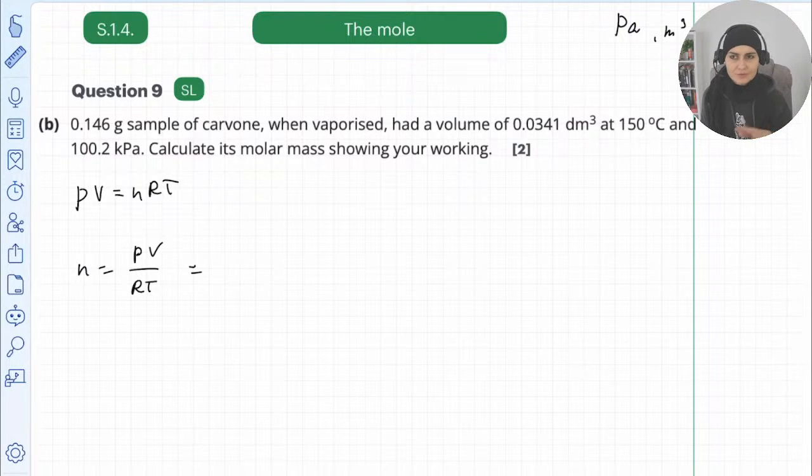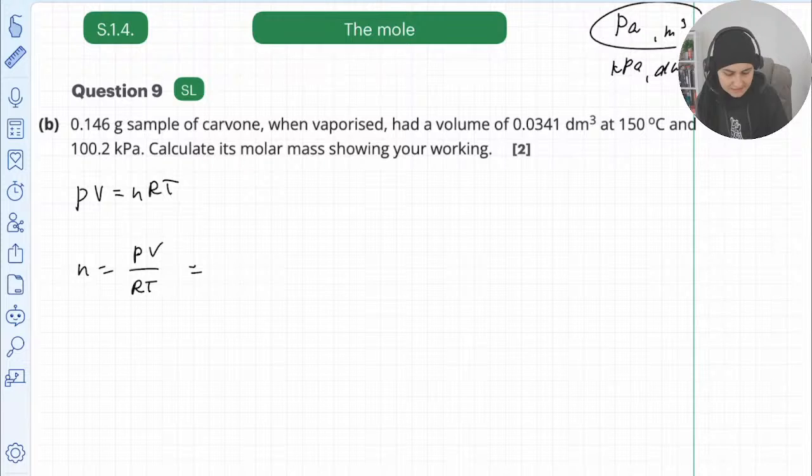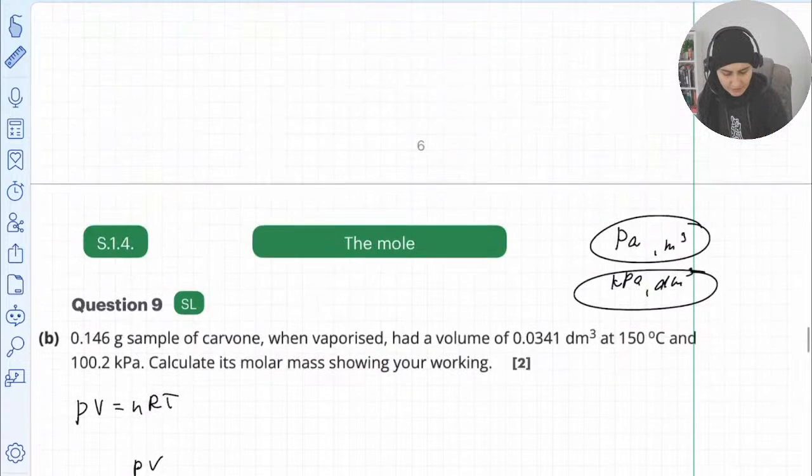As of now, you are not allowed to use anything except pascals and cubic meters. If you are doing IB, it's okay to use cubic decimeters together with kilopascals. So you either use one set or the other, but you never mix pascals and dm cubed, for example. But again, for A level, only pascals and cubic meters.